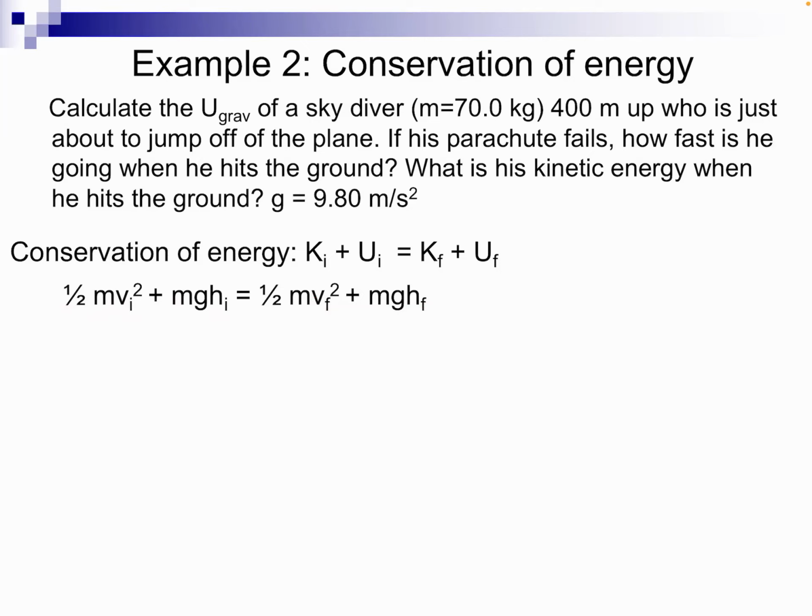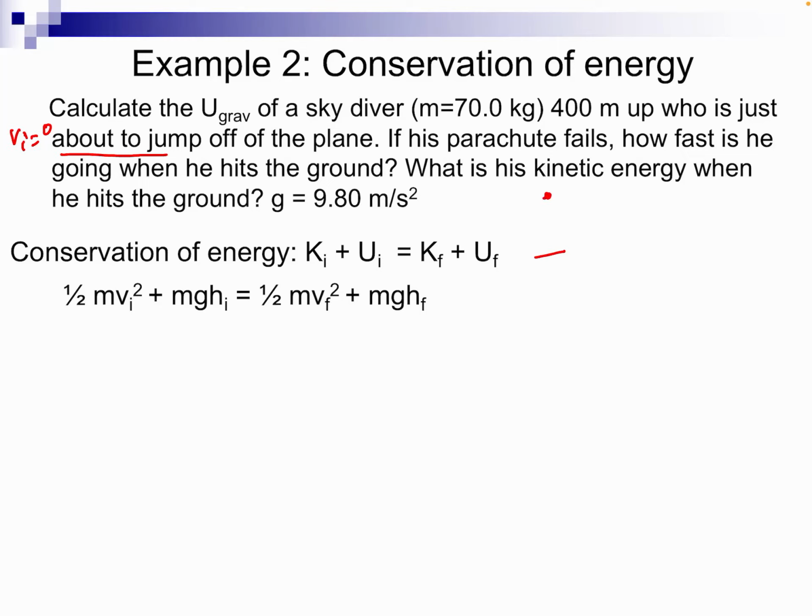So the diver is just about to jump, so we can say that the initial speed is 0. Let's just talk about speeds because energy is just a scalar quantity. I'm a terrible drawer, so I'll just represent things as dots.